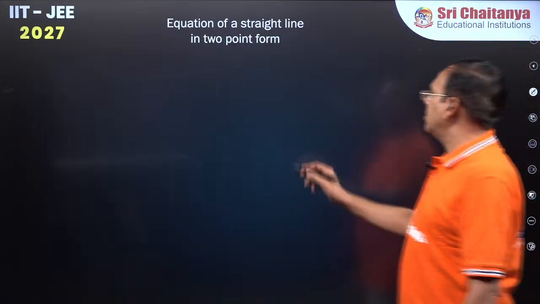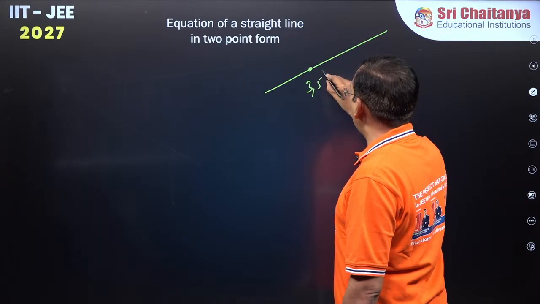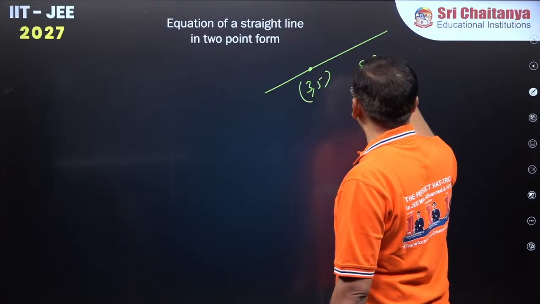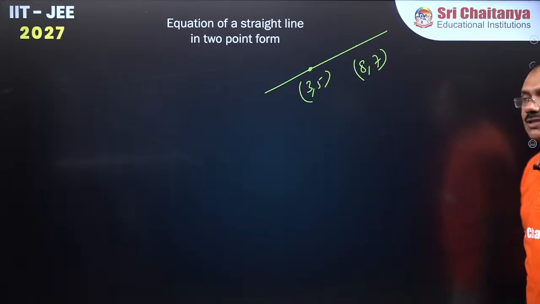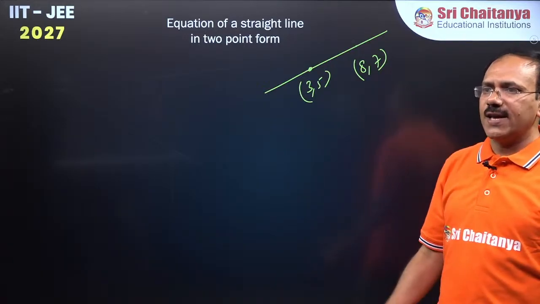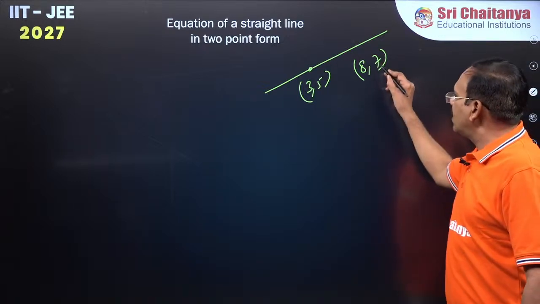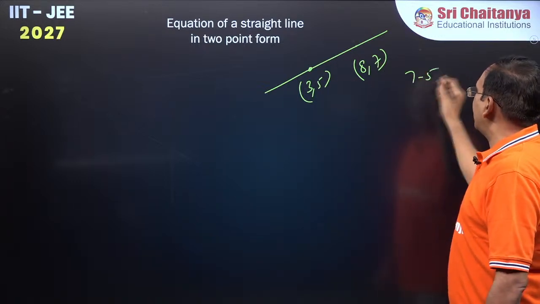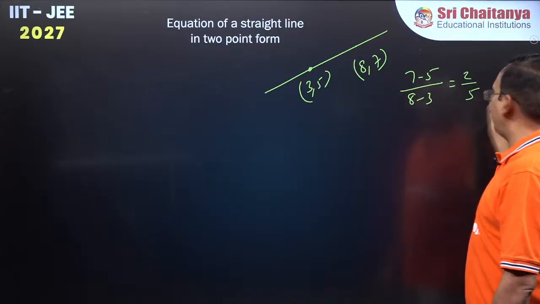Next, one more question. Find the equation of the straight line passing through 3, 5 and 8, 7. Come on quick, I want the answer in less than 1 minute, very fast. If 2 points are given, how to find the equation of the line? First the slope is 7 minus 5 by 8 minus 3, which is 2 by 5.